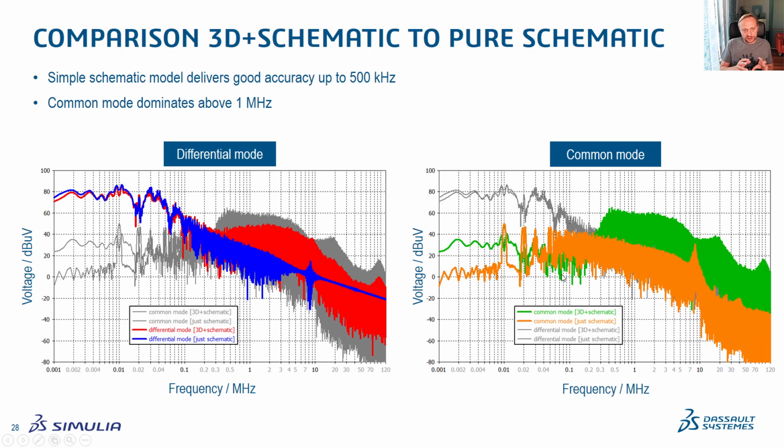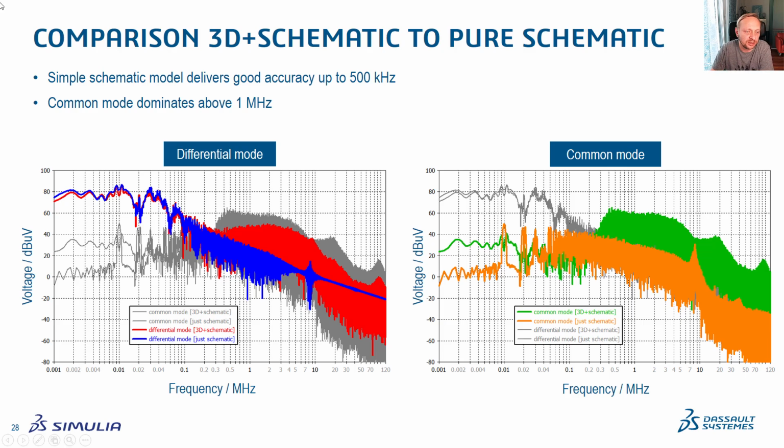So if I do all the steps like I described before, what I get is also an emission spectrum, right? And I get this spectrum from this coupled model, and now I'm comparing the spectrum from this coupled model to the spectrum I have calculated with my pure schematic model, where I made some of these assumptions about the capacitors.